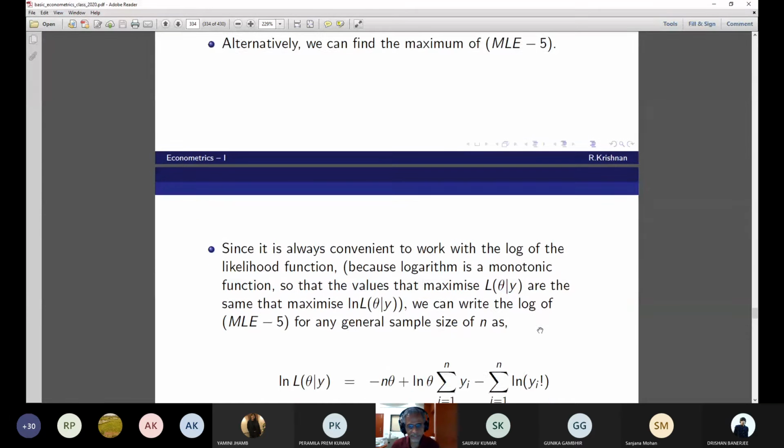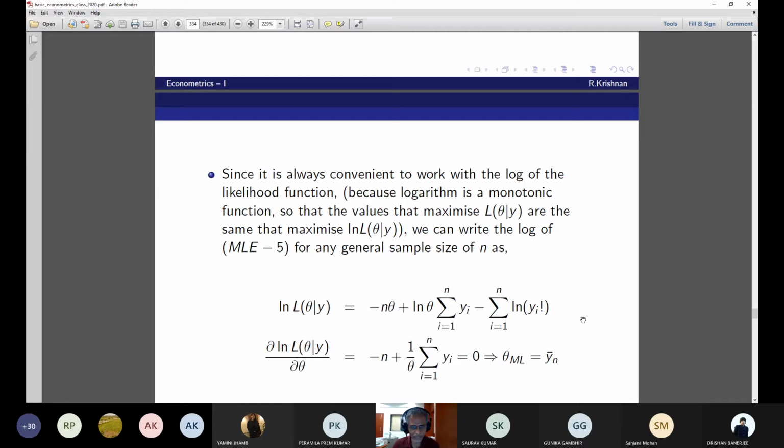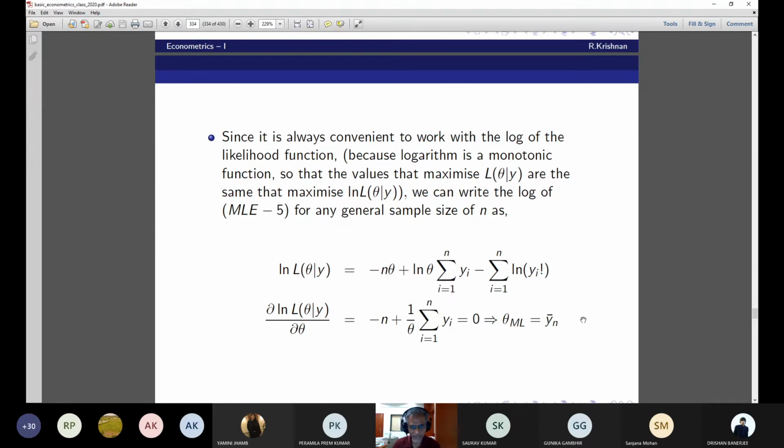Since it's always convenient to work with the log of the likelihood function, because logarithm is a monotonic function, the values of theta that maximize L are the same as those that maximize the log, so we can write the log of MLE5 for a general sample size of n as follows. This is for general sample size. So look at that. I'm fine differentiating this with respect to theta, which is nothing but the sample values.